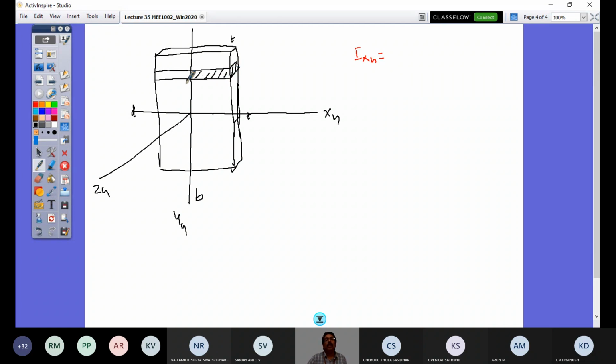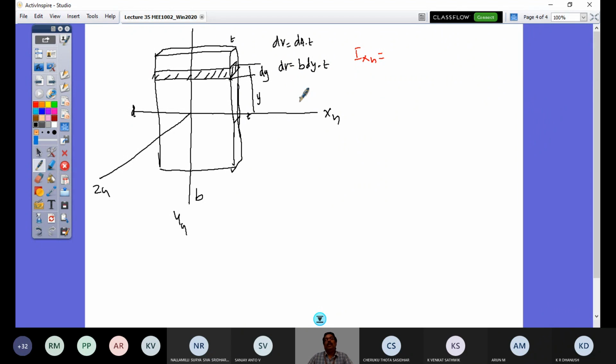So this is the elemental volume at a distance y, with thickness dy. The thickness of the element is t. So now what is dA? The volume dV is dA into t. What is dA? B into dy. B into dy into t is dV.